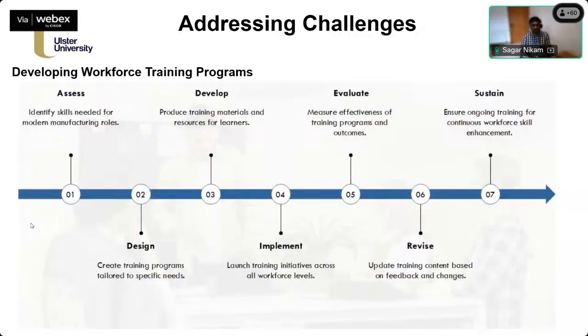While doing that, one needs to assess the skills, design a particular training program, develop the training material, implement the technology, and evaluate or measure that aspect, and this should be kept revising and sustainable. This FDP could be one of those programs which can upskill the employees or industry people who want to advance in Industry 4.0 or smart manufacturing.